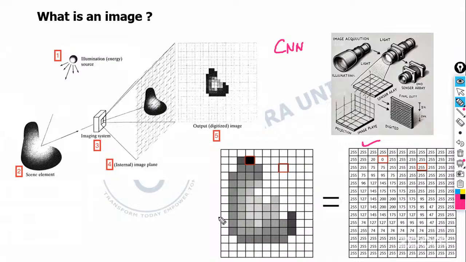Within a table, if you are able to represent an image as numbers, which are nothing but pixels, that is an image, right?